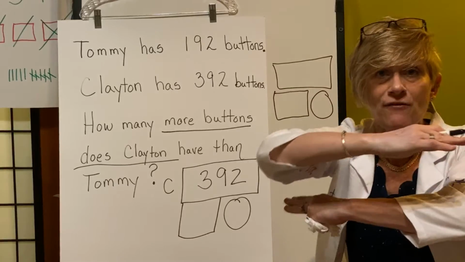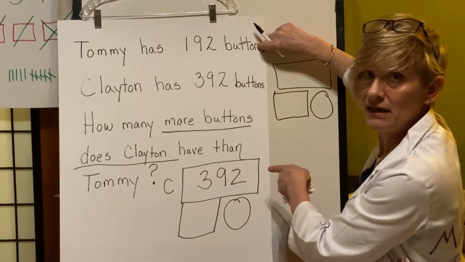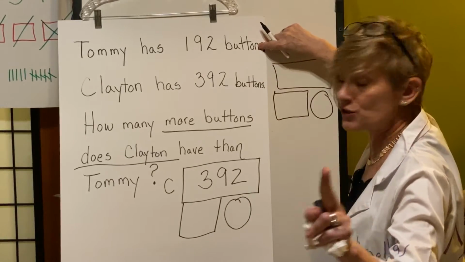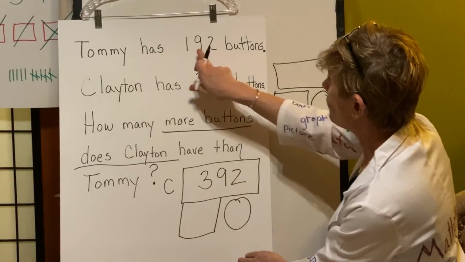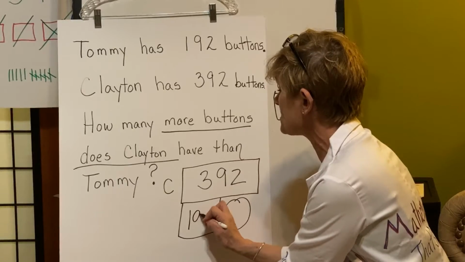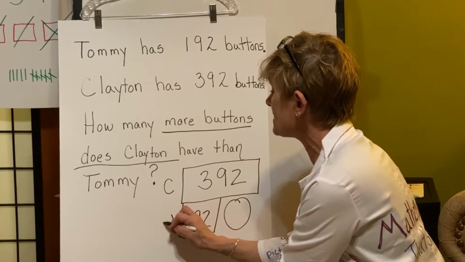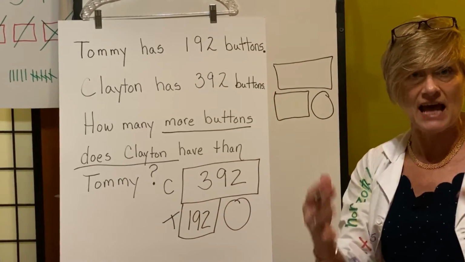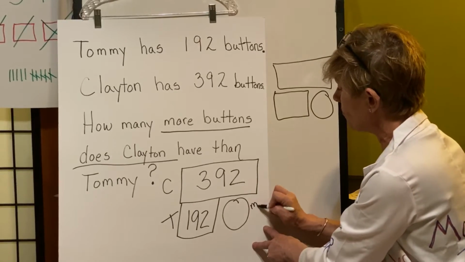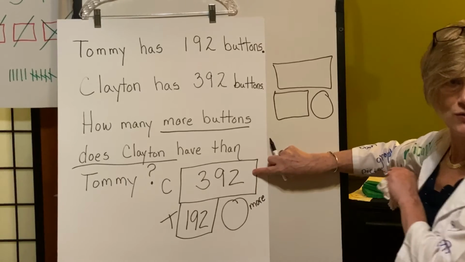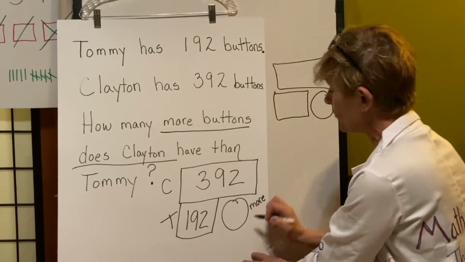I'm comparing him to Tommy, who has 192. That is a fewer, a lesser amount. 192 would go in this box, and I can put a T for Tommy, so I'm marking that. Now I'm comparing them. I'm looking for the more, which obviously is what Clay will have, and the fewer.